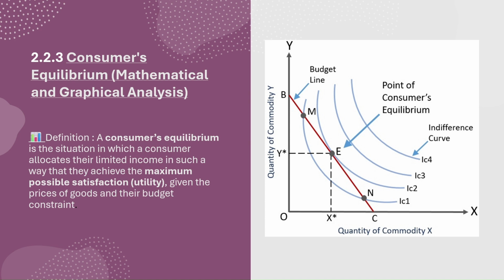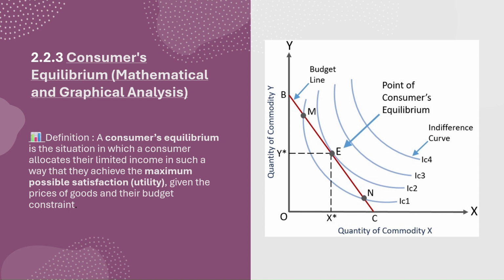Because at this point the slope of the budget line is equal to the slope of the indifference curve. What does it mean? It means that it is tangential. The budget line is tangential to the indifference curve at this particular point. At the other points, point M and point N, the slopes are not equal.